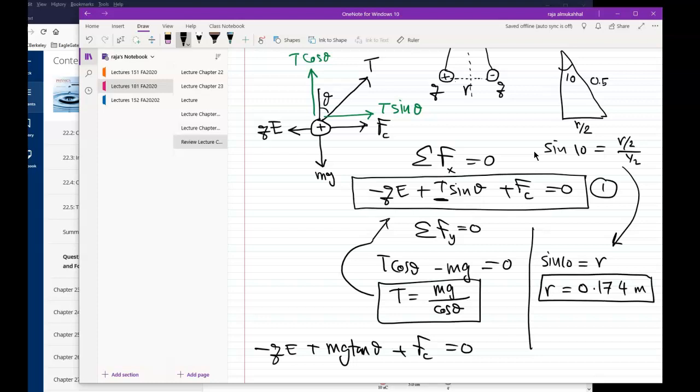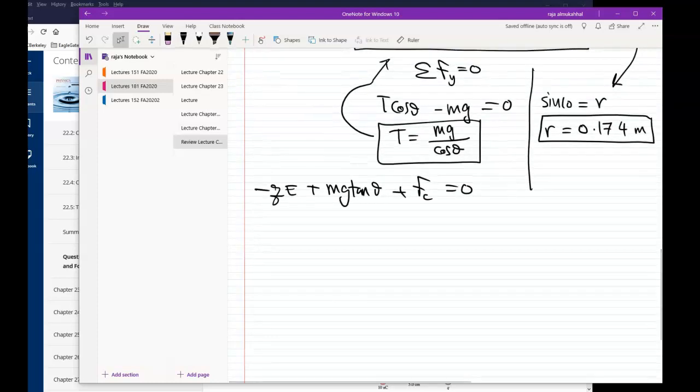Now, go back to this equation right here and plug in F sub c. What is F sub c? F sub c is basically K Q squared, because they both have the same charge, over the distance between them.